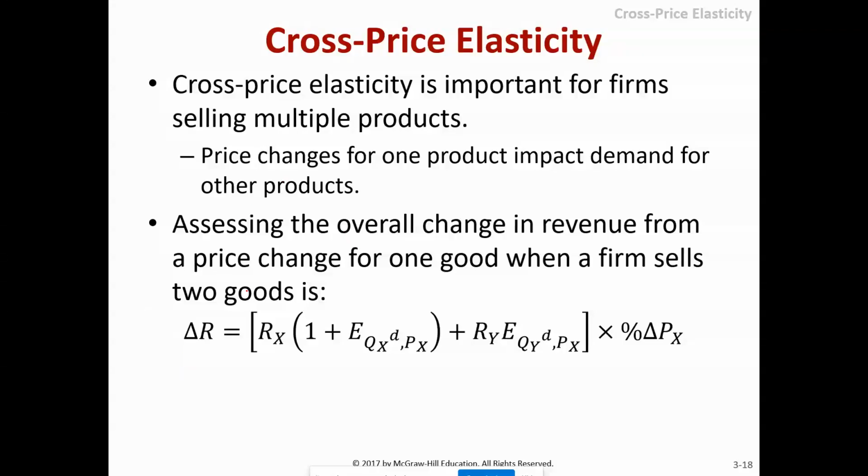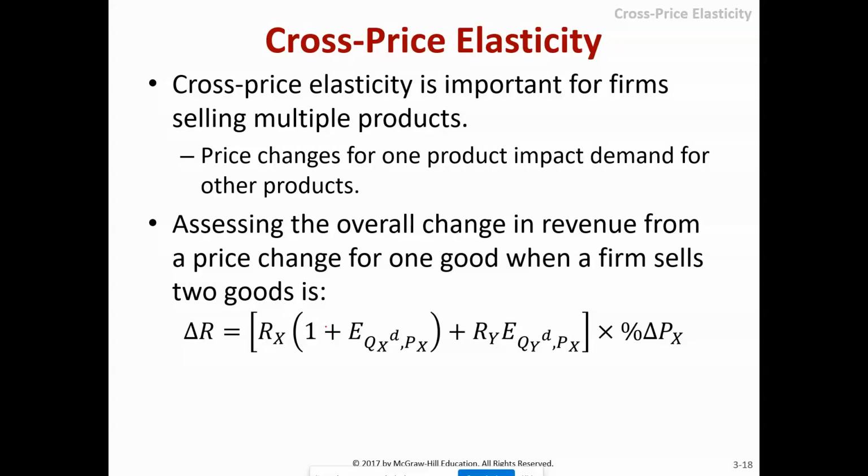And here is a formula. If this restaurant or this firm sells, for example, two goods, and one product's price changes, let's say X changes by a percentage, how does that influence the revenue of the firm? It has two components. The first one is own price.